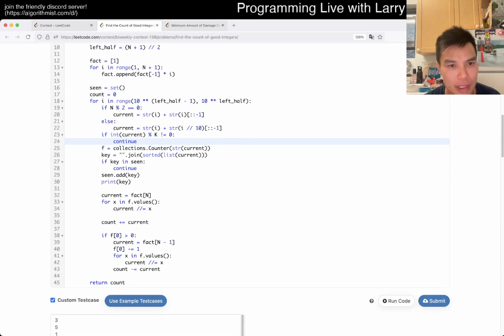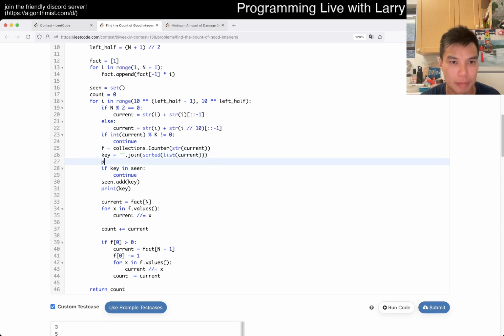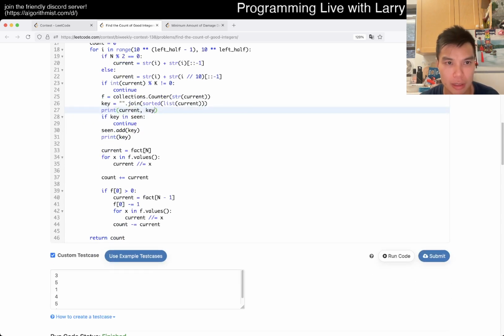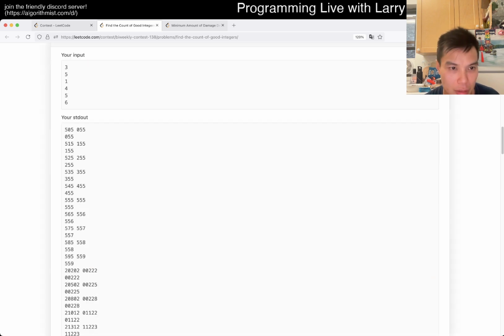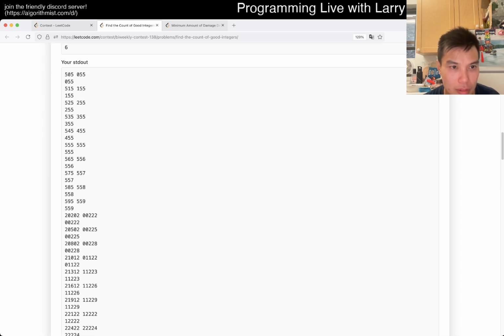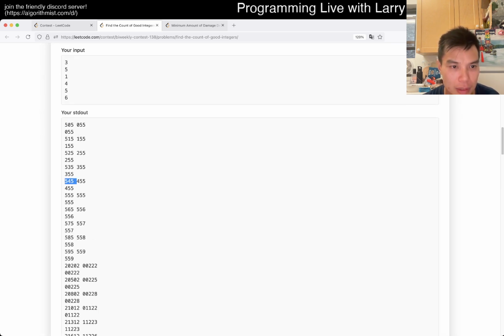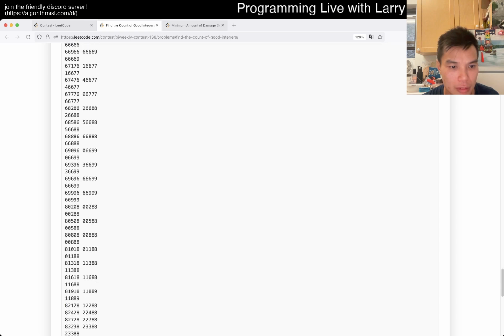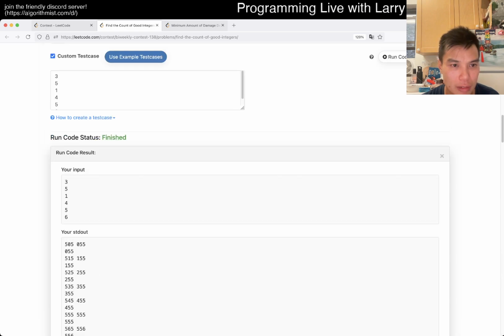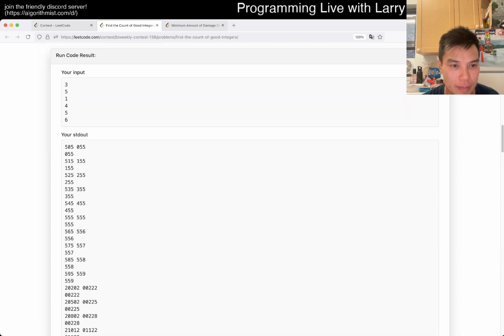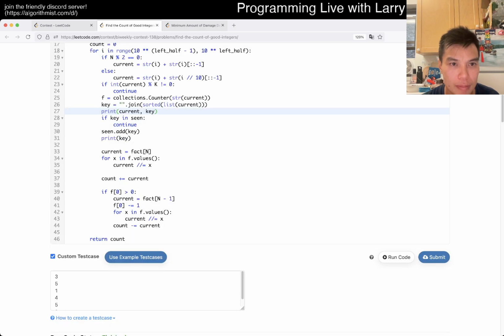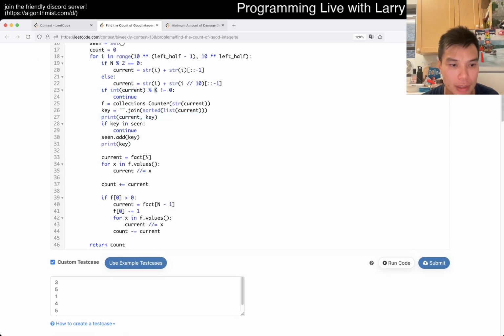That's actually not quite right though, is it? Print current key. Okay, so we have 50, but how what? Oh, because of this thing.